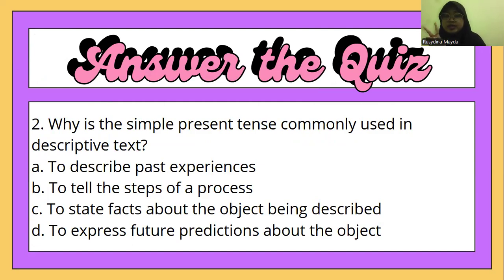The second question is, why is the simple present tense commonly used in descriptive text? A. To describe past experience. B. To tell the steps of a process. C. To specify facts about the object being described. And D. To express future prediction about the object.